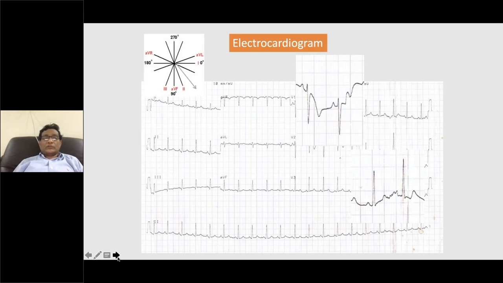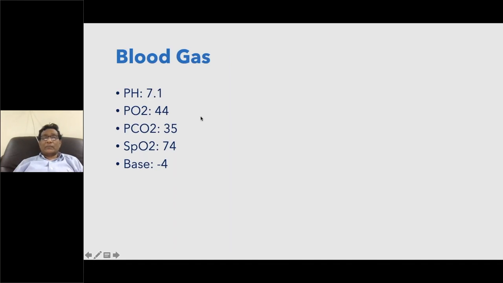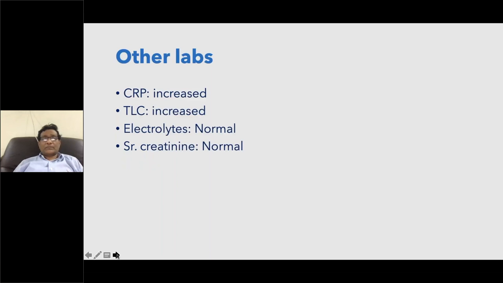Now when you have that, in the ABG you can see the PO2 is 44. On ventilation, PO2 of 44 suggests that there is no proper mixing and no perfusion. That means deoxygenated blood is completely mixing into the systemic circulation, leading to low PO2 and low SpO2.